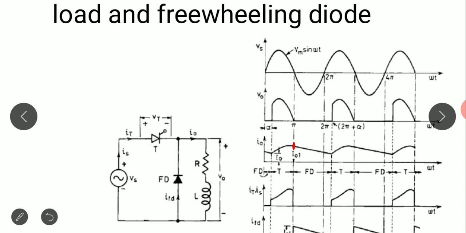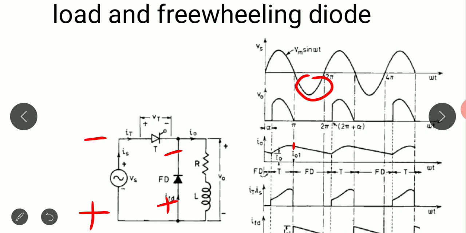Now it is clear that the SCR will not be commutated since the current is positive. But what will happen in this circuit later on, we can see that the supply voltage has become negative. Okay. So this diode will be in forward biased mode.